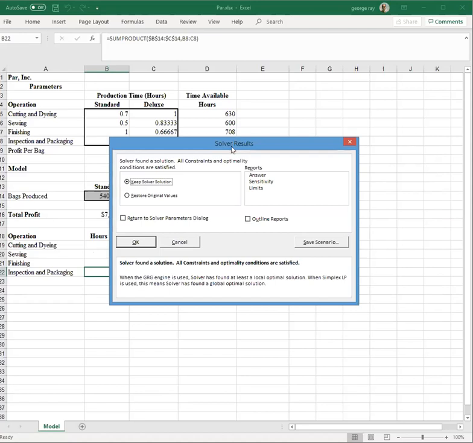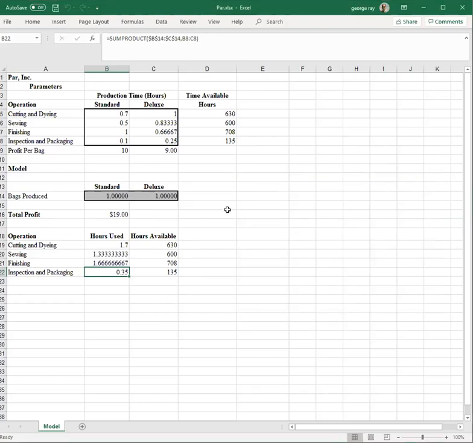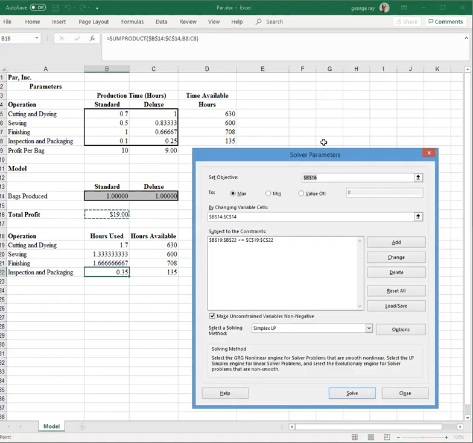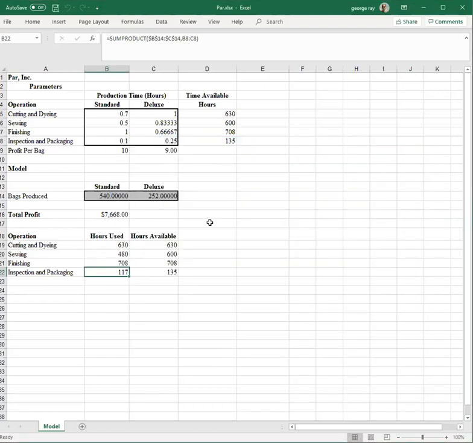And Solver will come back and it tells us it did find a solution and it satisfied all the constraints. So in this particular case, given the constraints that we have, our total profit possible is $7,668.